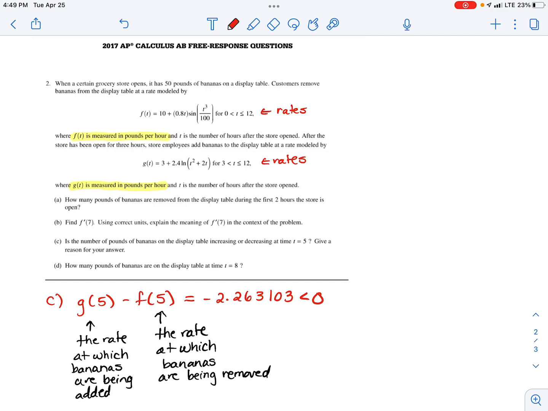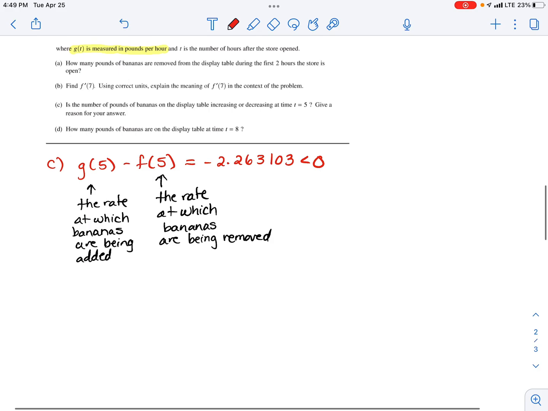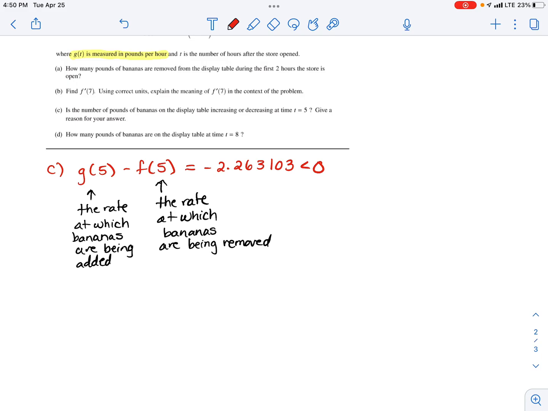So if you think about this, if you have a rate of change that's negative, if the derivative is negative, then that means that it would be decreasing, right? So basically what I'm going to say as far as why the number of bananas is decreasing at time t equals 5 is because I got that G of 5 minus F of 5 is negative.